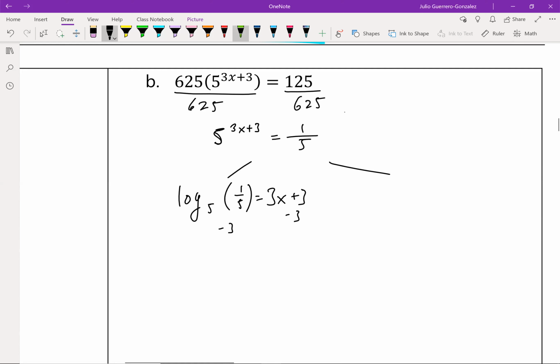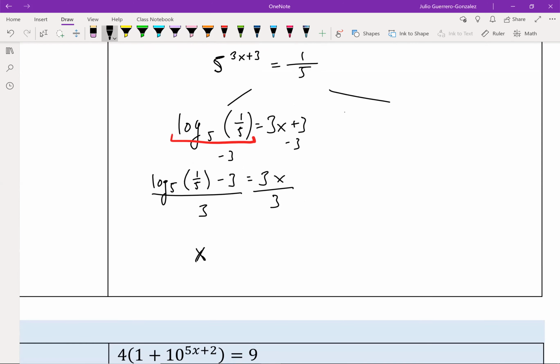This thing itself is a number, so you have to treat it as such. So log base 5 of 1/5 minus 3 is equal to 3x, and then lastly divide by 3, divide by 3. So x is equal to log base 5 of 1/5 minus 3, over 3. We are done this way.